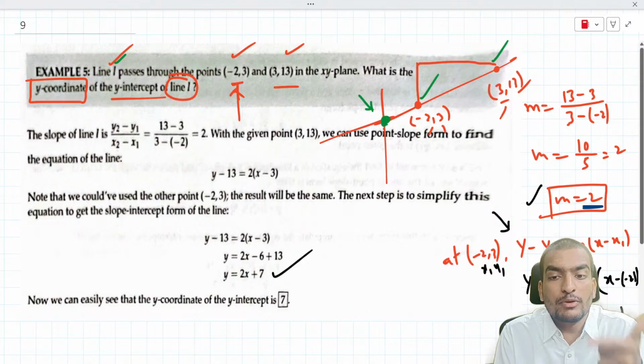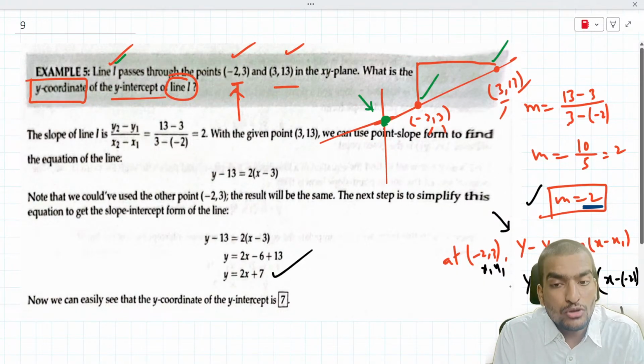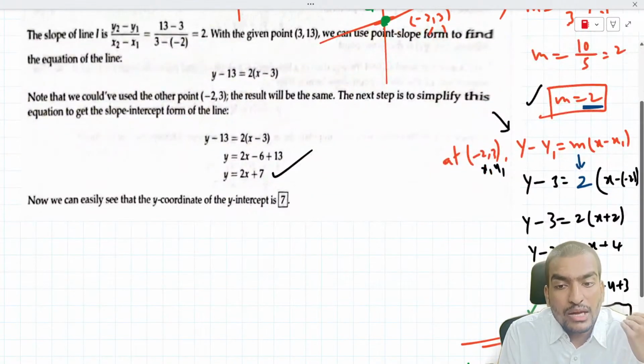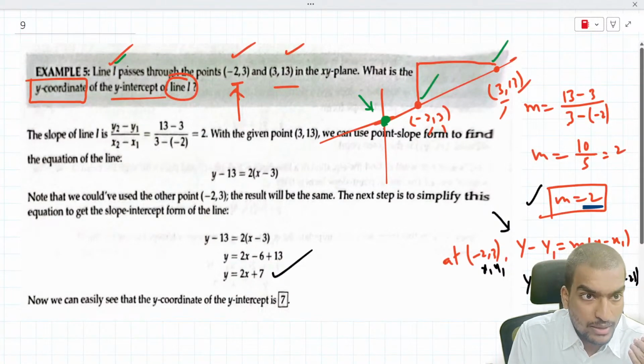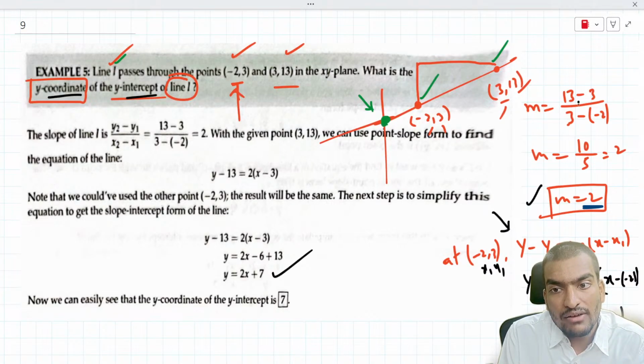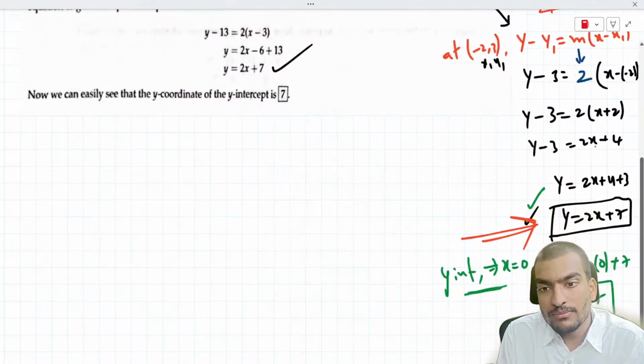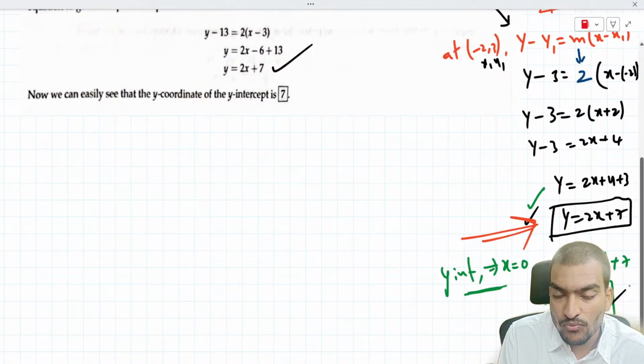You have a slope, you have a point. Using point and slope in the point-slope form equation, you get the equation of the line they are talking about. Now, after getting that, you get the y-coordinate of the y-intercept. If you have a line equation, you get the y-intercept, which is y equals 7.